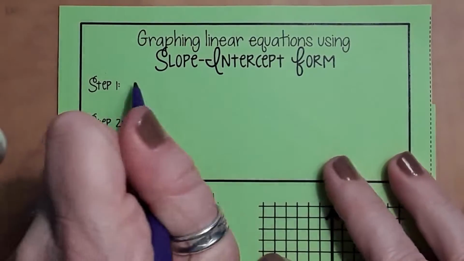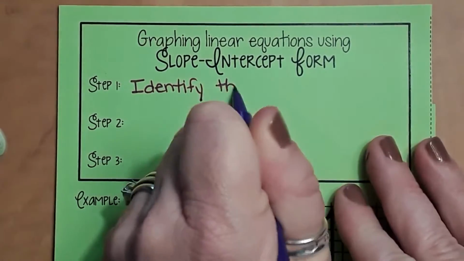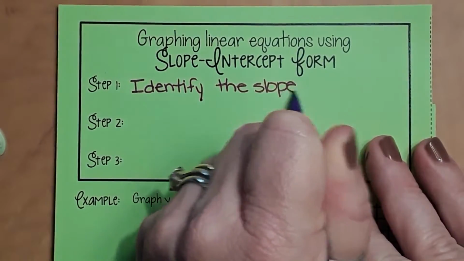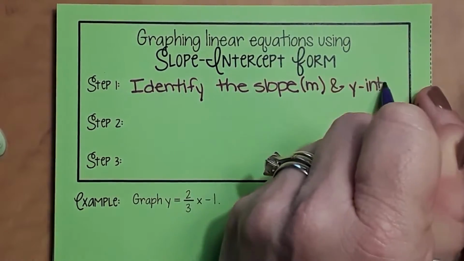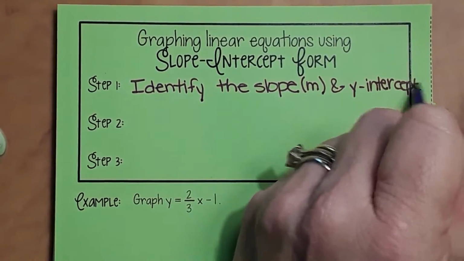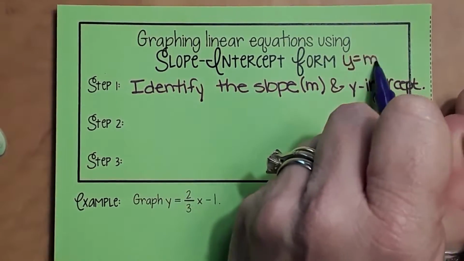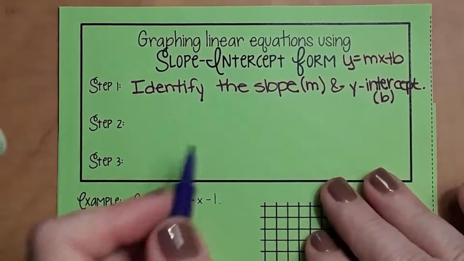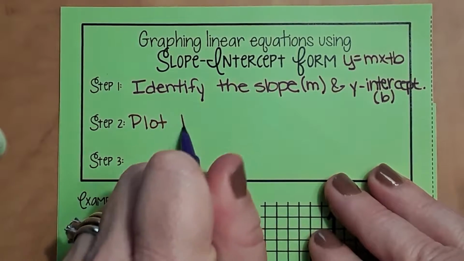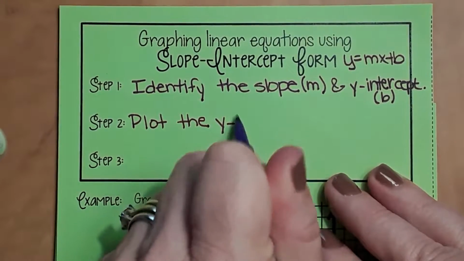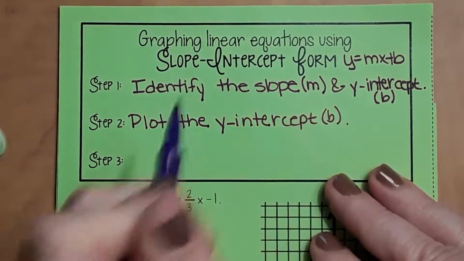First step, you must identify the slope, which is your m, and your y-intercept, which is your b. Slope-intercept form is y equals mx plus b. Step 2, you're going to plot the y-intercept, your b.